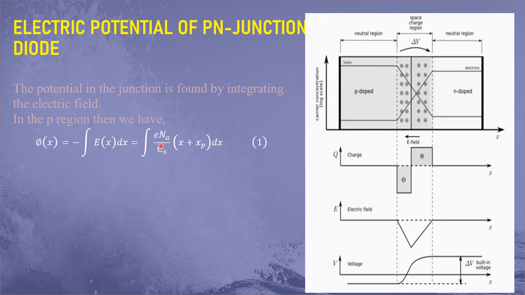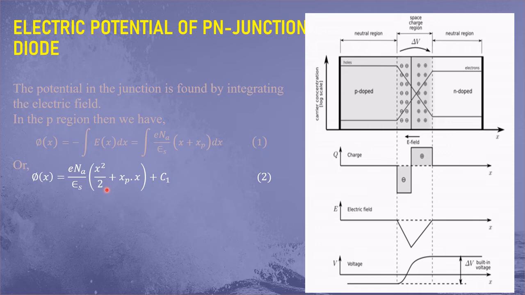So from this equation, what do we get? We get phi(x) equal to q N_A divided by epsilon_s times (x square by 2 plus x_p times x) plus C1. C1 is the integration constant.